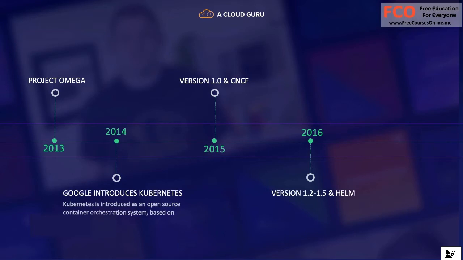In fact, we'll be spending a fair amount of time in this course using MiniKube. And then in 2017, a number of new advancements were made. Amazon and Microsoft both announced their own managed Kubernetes service, Oracle joined the CNCF, Docker announced support for Kubernetes, and more.